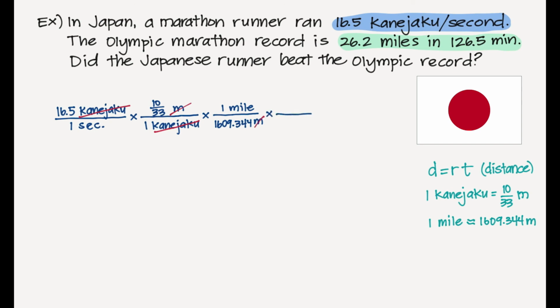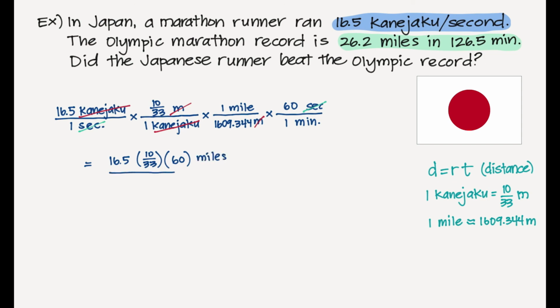Moving on to seconds, I know that there are 60 seconds in 1 minute. So I'm going to put the seconds on top because it's already on the bottom. And this way I can cancel out the seconds. And there we go. Now let's go ahead and see what we need to multiply. 16.5 times 10/33 times 60 miles is the units left over.